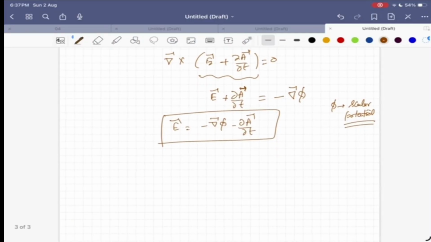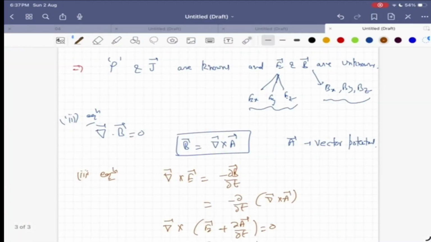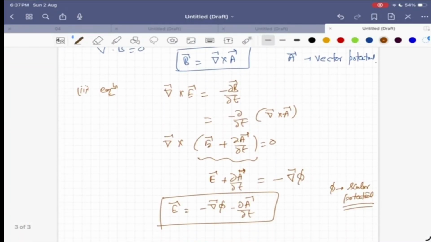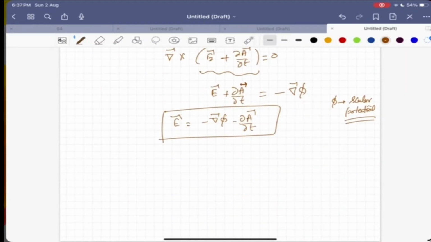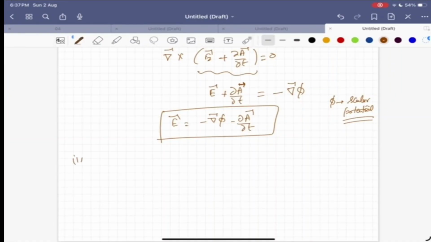And let's see what information the other two equations that we have not used so far, the first and the fourth one, give. The first equation: del dot E is equal to rho upon epsilon naught. So del dot E is nothing but minus grad phi minus del A by del T, and this is equal to rho upon epsilon naught.